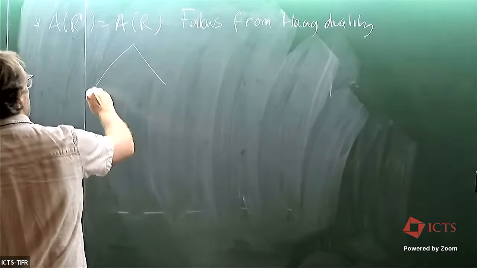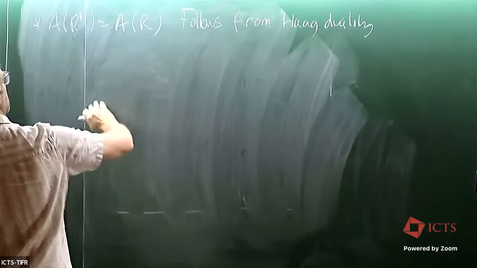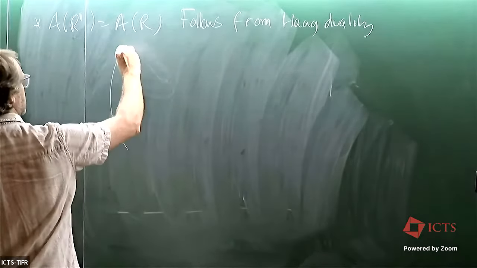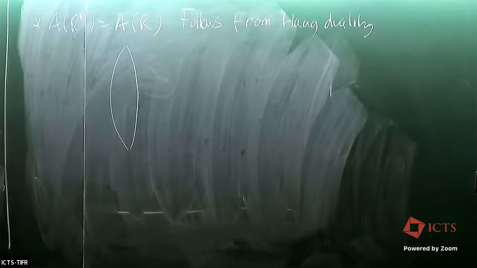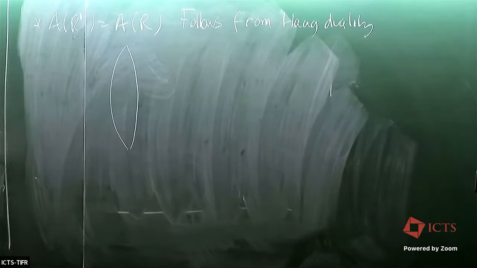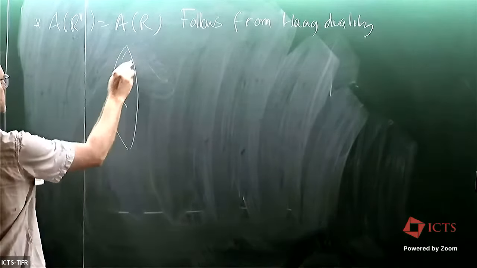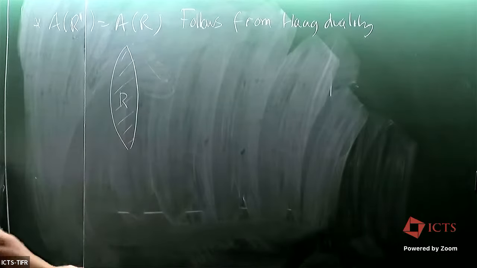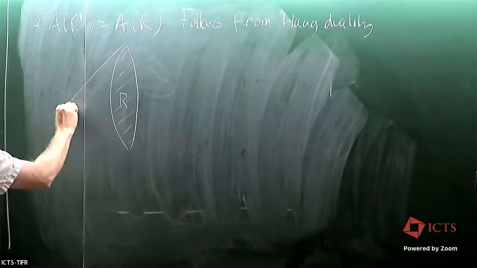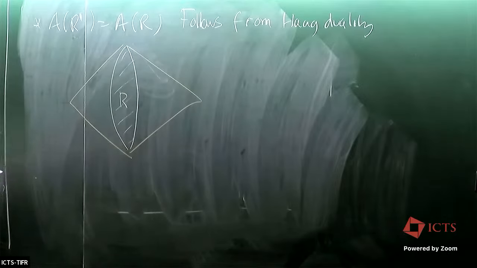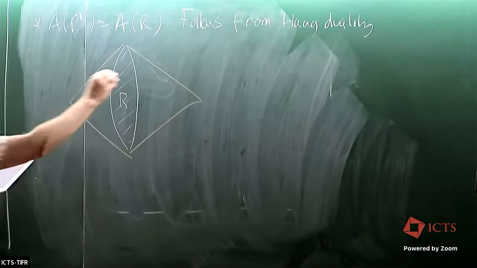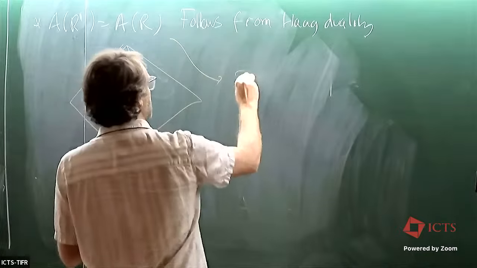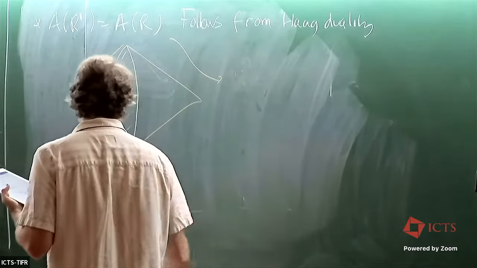One example is if I take a region like this, a time-like region. That's R. I could easily smear my fields here, that's totally fine. And then the causal completion is this diamond here. This statement has a name. It's called the time-like tube theorem, if it's true.